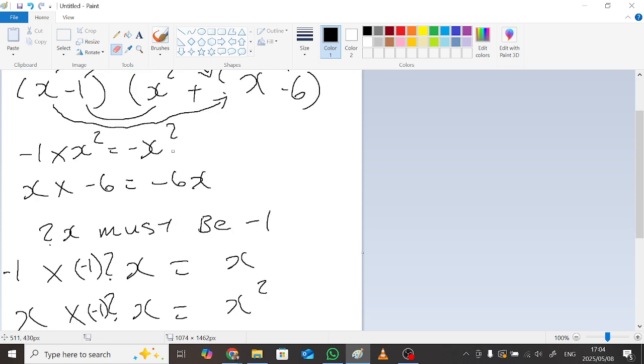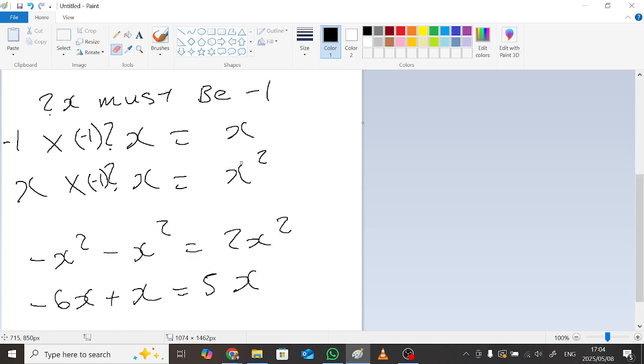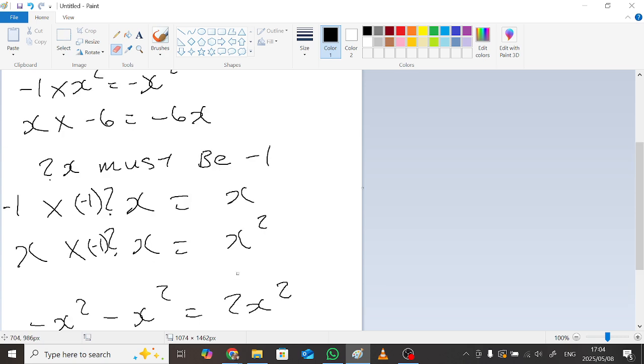So just to recap, we can try -1 over there. Positive 1 times -1x gives us -x, and then x times -1x gives us -x squared. So when we multiply these two out, we get -x squared minus x squared, which is equal to -2x squared, and -6x plus x, which is equal to -5x.